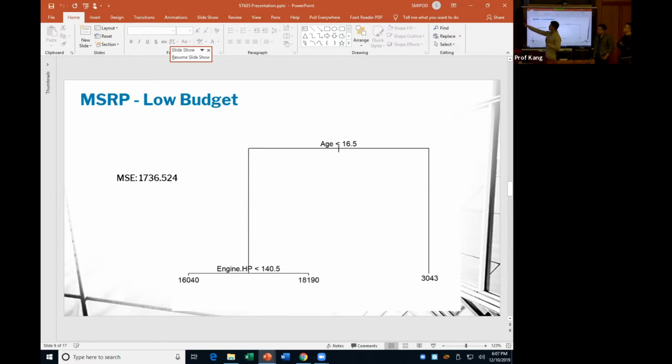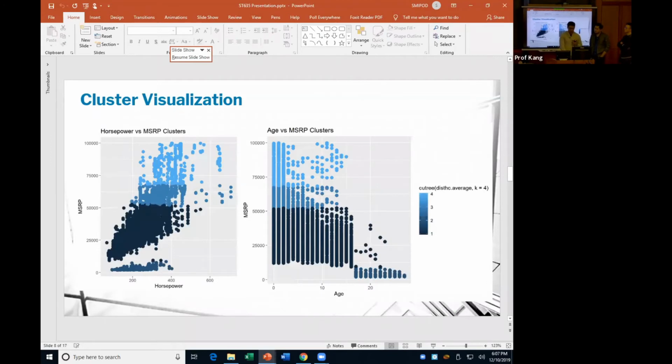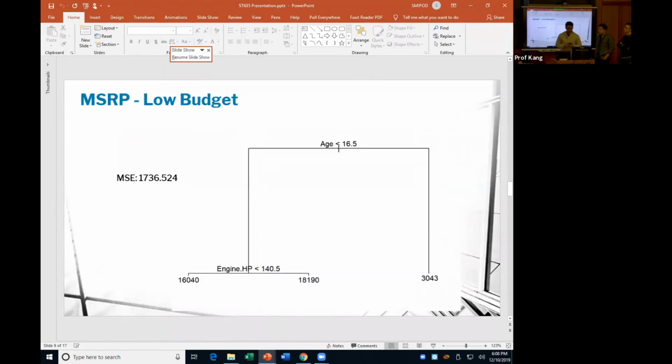If it's less than 16 years old, then they will look at the horsepower. One interesting thing is that the cutoff point of the model corresponds to the age you showed in the cluster graph.